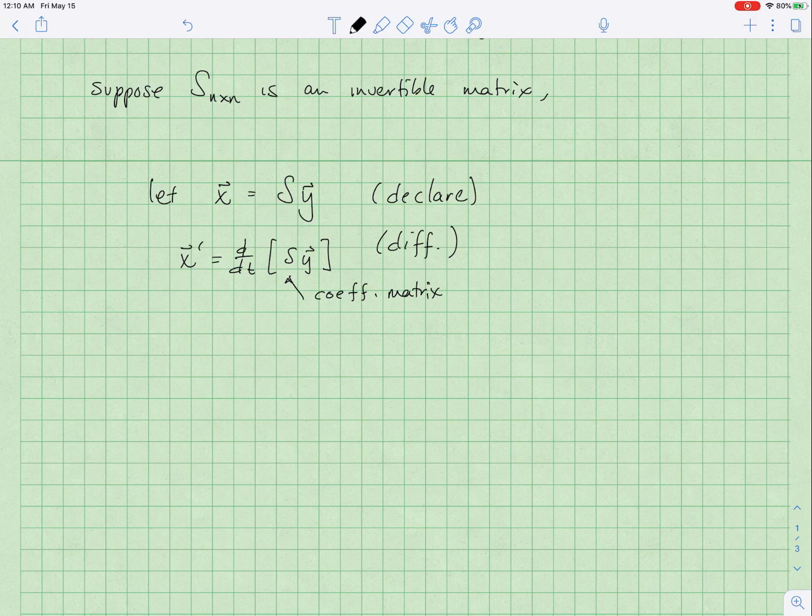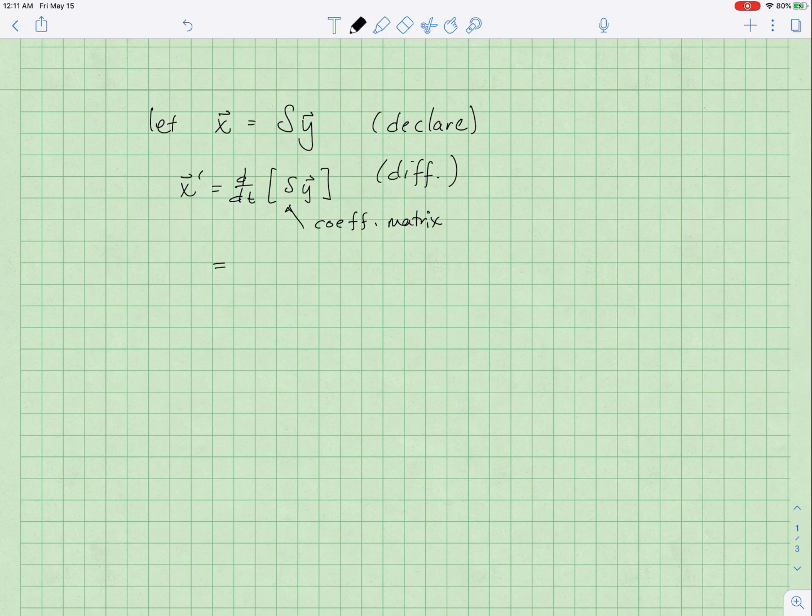And we all know how coefficients work with derivatives. We can simply factor that out. And so we'll factor out our coefficient matrix S times the derivative with respect to t of y, which I could just write as S y prime.